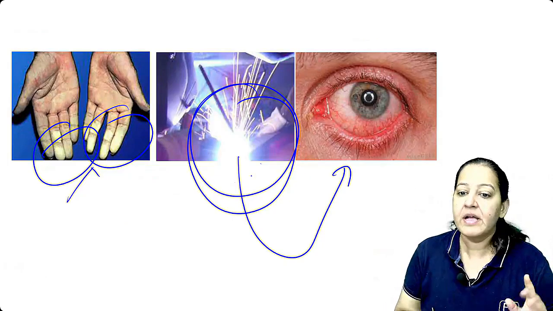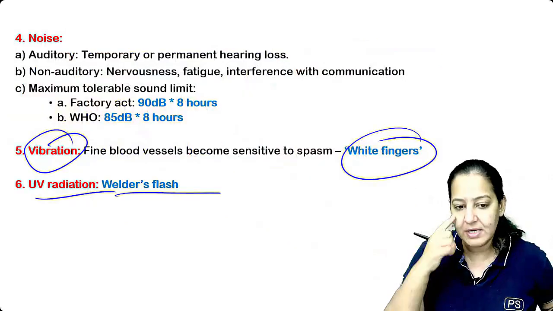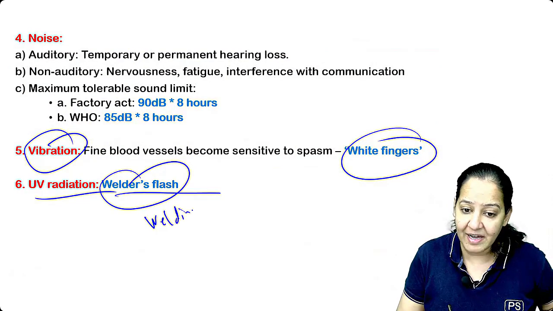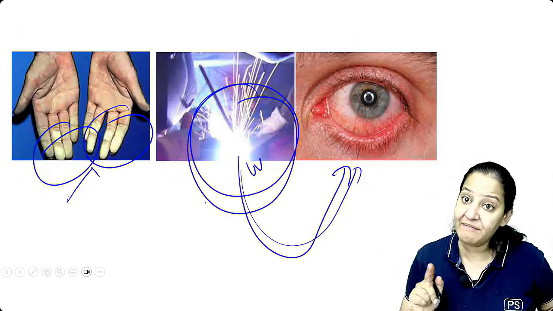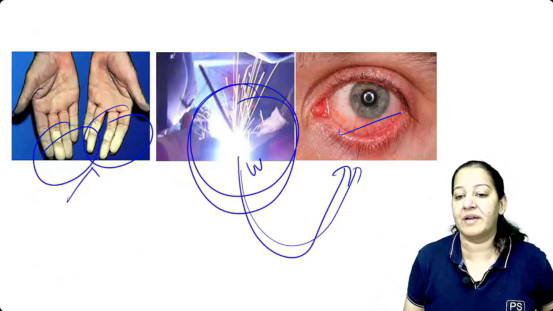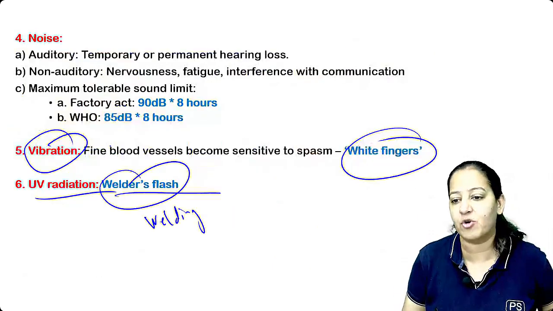During welding, it's UV light, and that can cause welder's flash. Welding कराते हैं ना, iron की welding कराते हैं लोहे की. So welding में welder's flash हो सकता है, तो जो welders होते हैं उनमें ये बहुत common है. The person who works on a machine that vibrates constantly, unme white fingers are common.